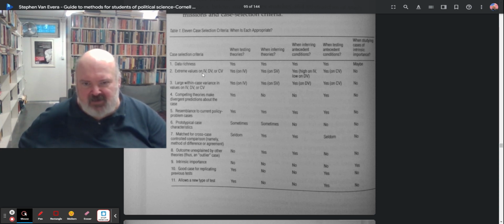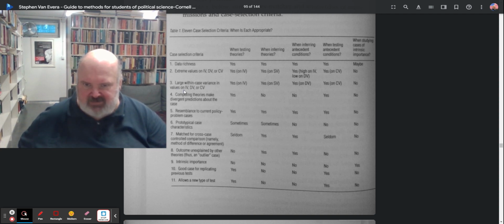Extreme values on the second criterion: extreme values on the independent variable, dependent variable, conjunctive variable. Testing theories, yes, but only on the IV. When inferring theories, yes, but on the study variable. Inferring antecedent conditions, yes, high on IV, low on DV. When testing antecedent conditions, yes, but on the CV, but not for intrinsic importance.